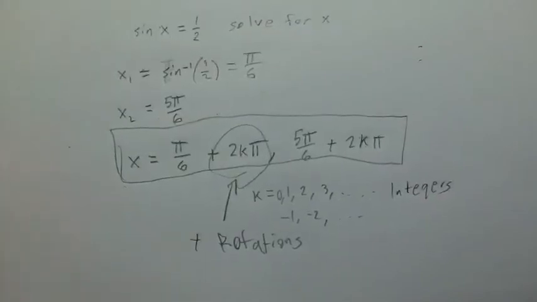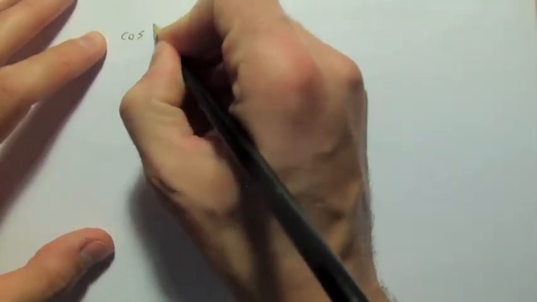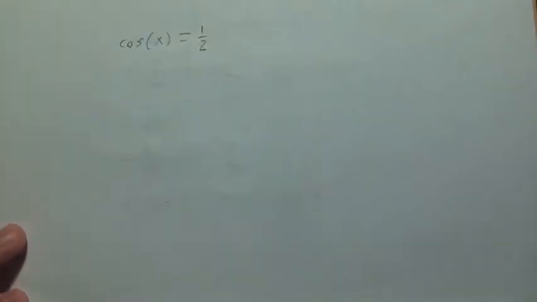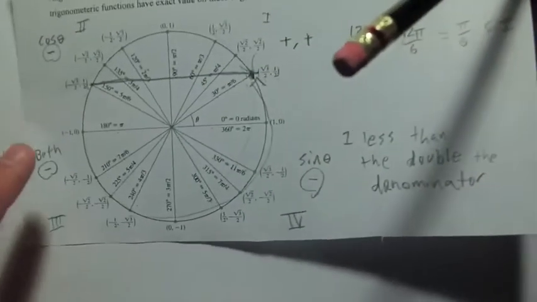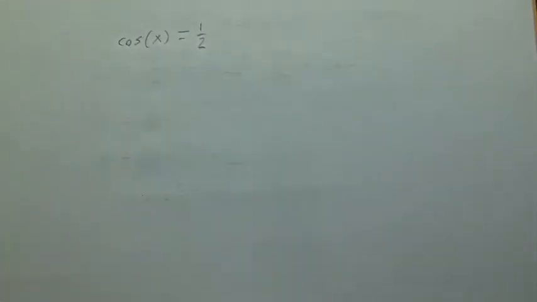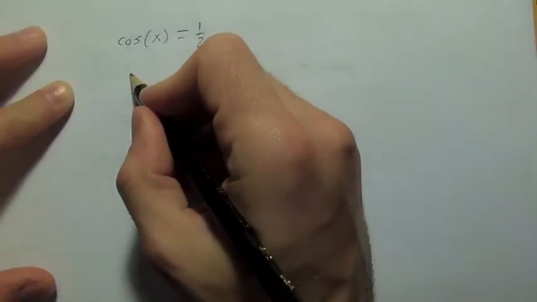Okay. Now what about cosine? Let's say I want to solve cosine of x is equal to 1/2. Well, first I don't even really need to go to my unit circle for the first one, hopefully.